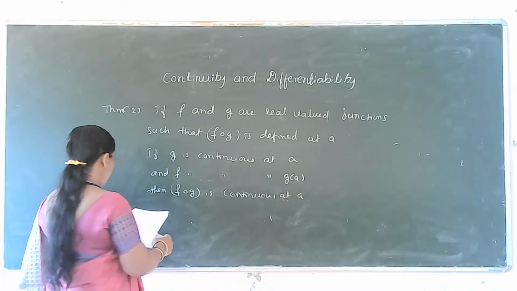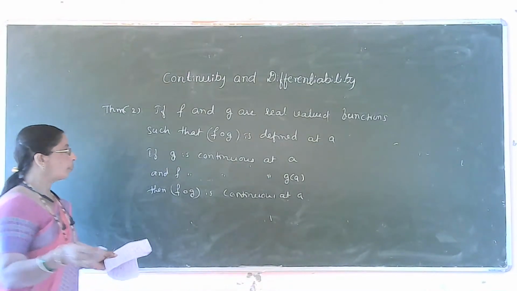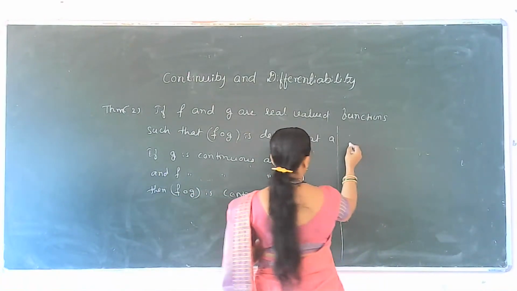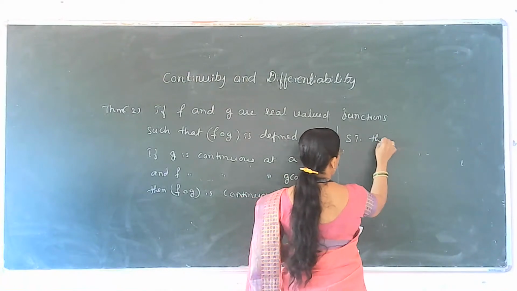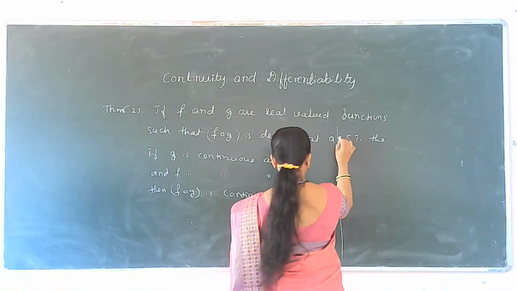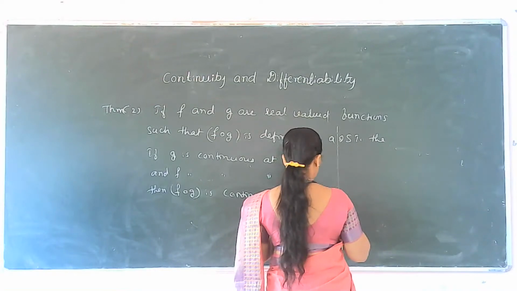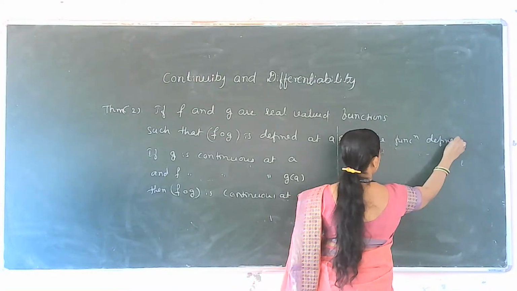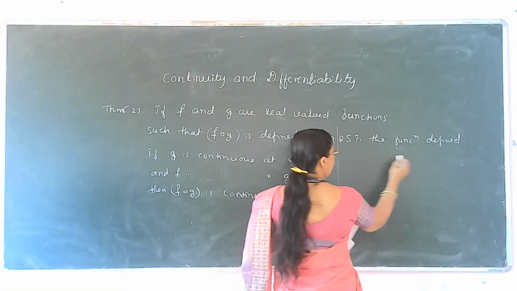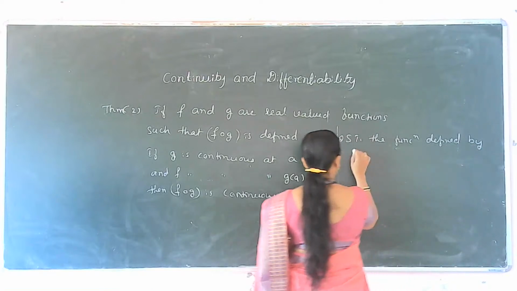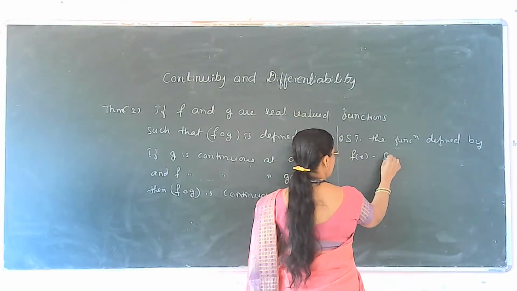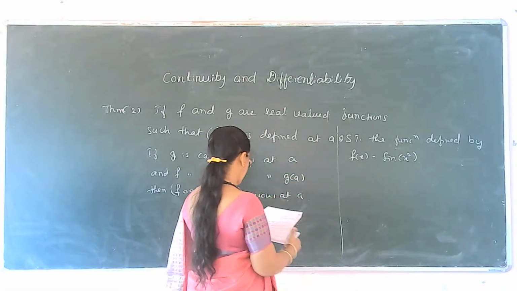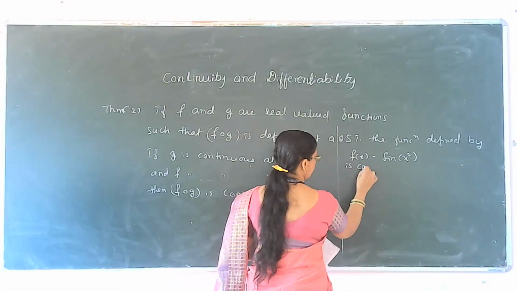Here we can solve one problem by using this. Show that the function defined by f of x equal to sin of x square is a continuous function.